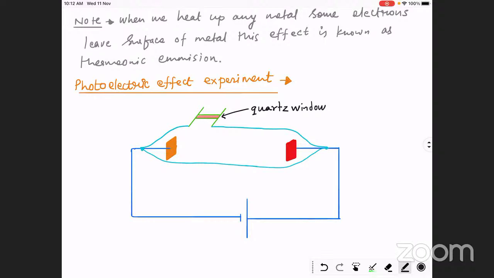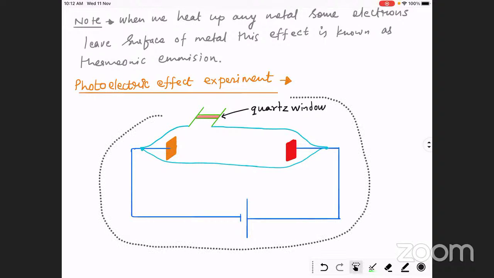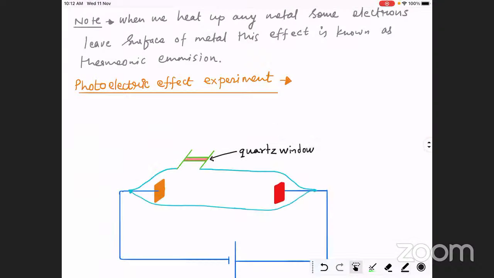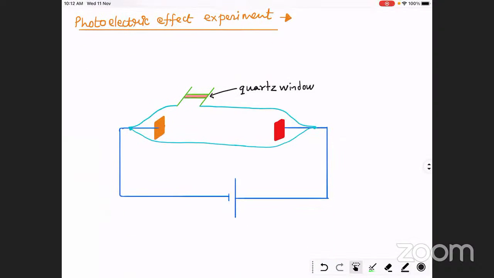Let's see what is happening here. By the observations of this experiment, we will learn how Einstein wrote his equation of the photoelectric effect, for which he got a Nobel Prize. बच्चों देखना, quartz window क्या करता है?